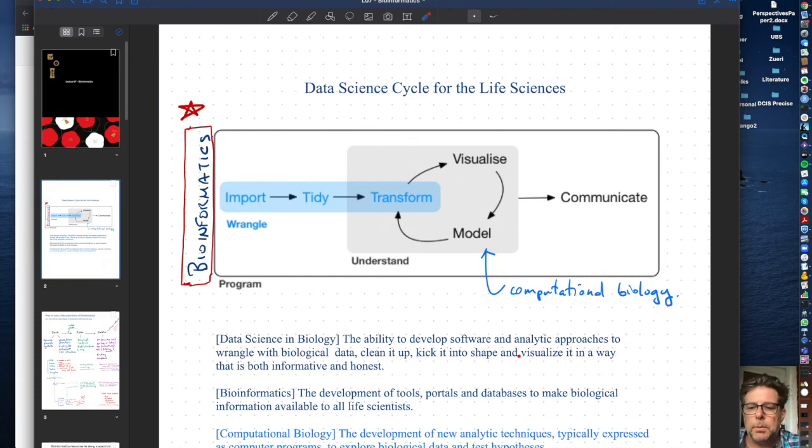So it's a specific problem that a computational biologist has built a technique for. And as a data scientist, you're using those tools in your modeling procedure. You're asking, well, where are the genes in my genome? What does this protein look like in three-dimensional space? So here, bioinformatics, data science, and computational biology are really three interrelated but distinct concepts.